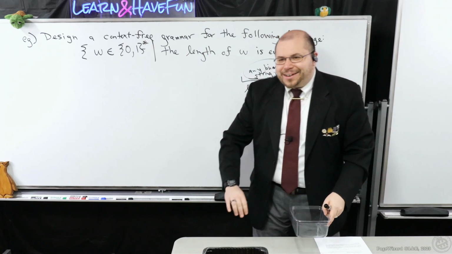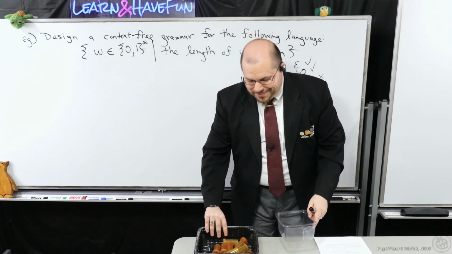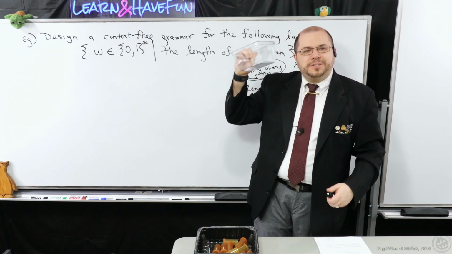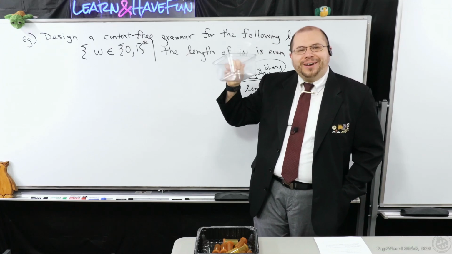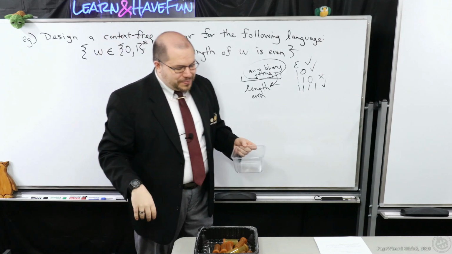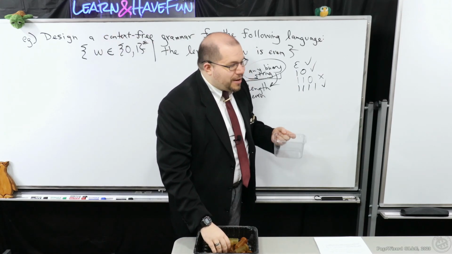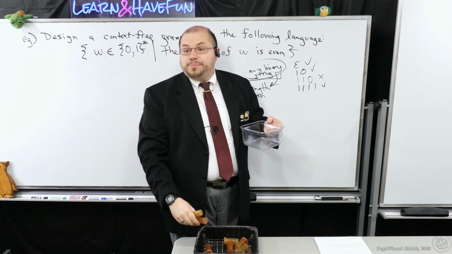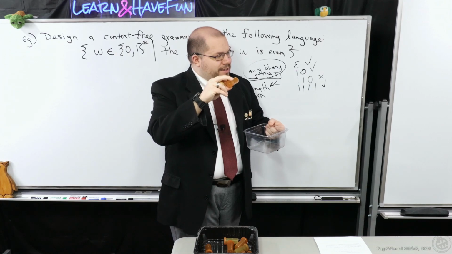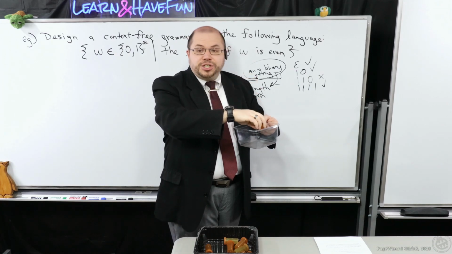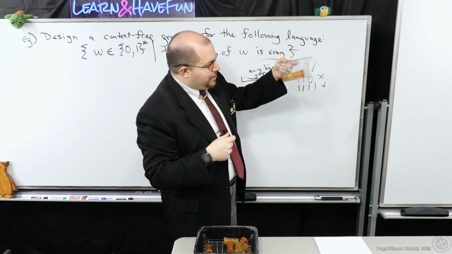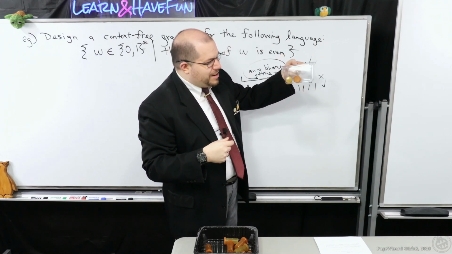Here's an idea. Imagine I have this, which represents a counter for how long the string is. If I'm sure that every time I apply a production rule I don't put just one symbol into the string but always include 2 symbols at a time, then my counter of how many symbols are in the string will always be even.